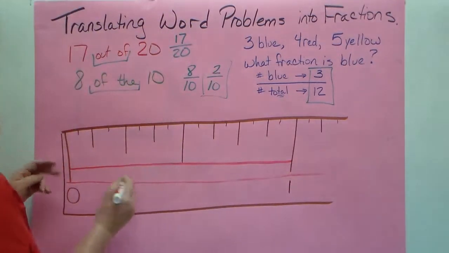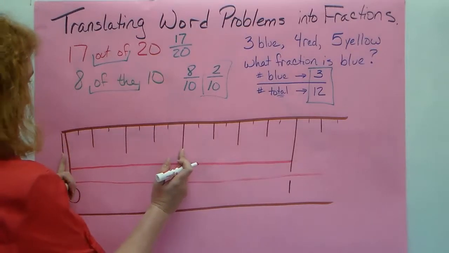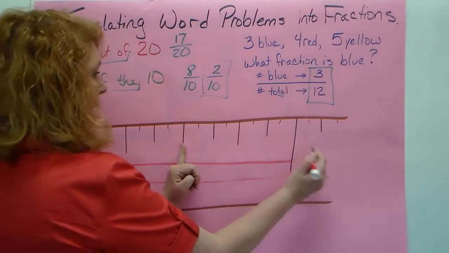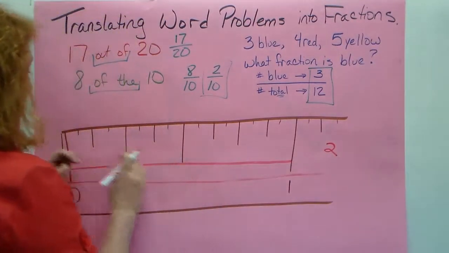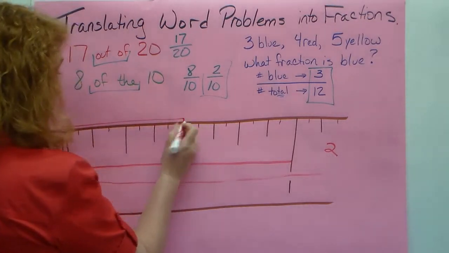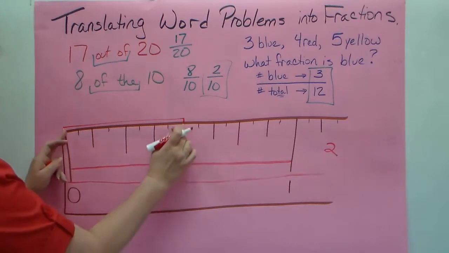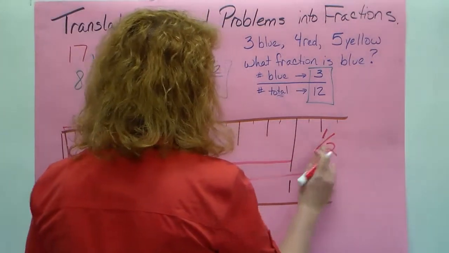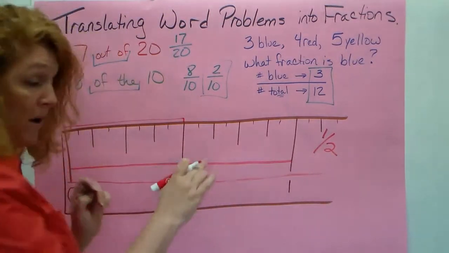Now here, you can see I've broken my inch up into 2 pieces. But if I'm measuring something that's only this long, I'm only talking about one of those pieces. So that is the 1/2. This is the 1/2 inch mark.